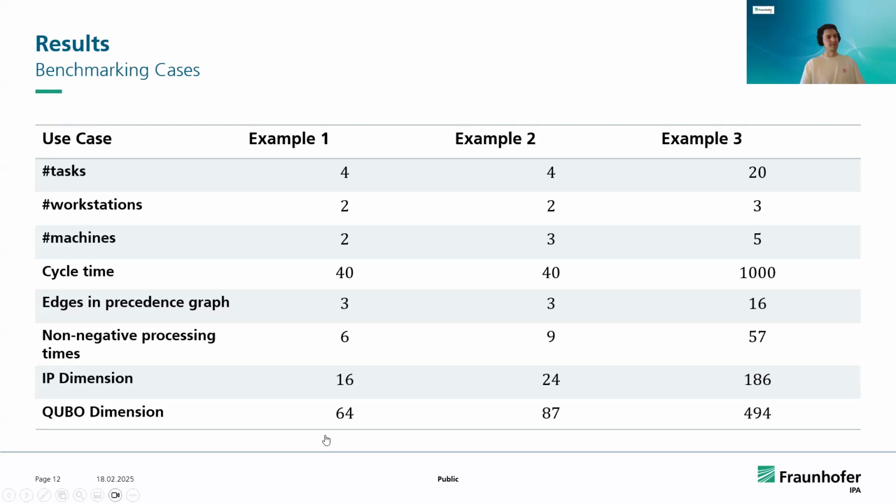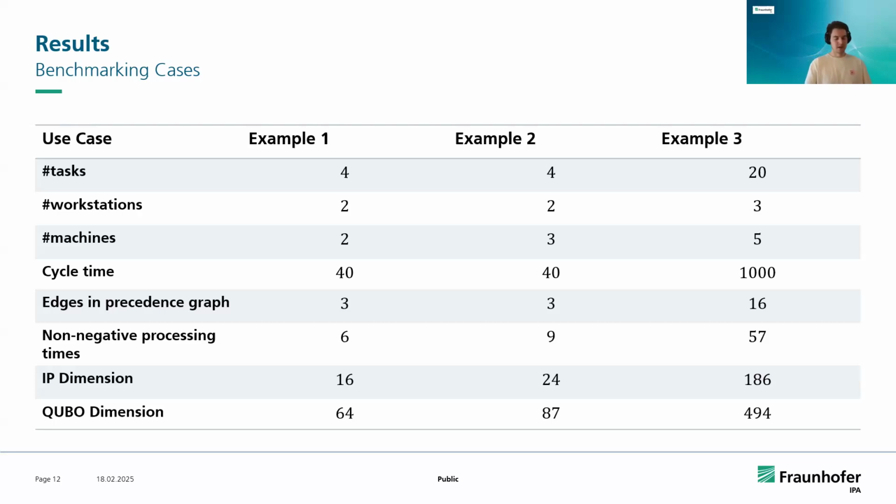This is also the example from before. Then we have some larger instances as well, the largest having 186 decision variables in the linear program, and 494 in the QUBO, so quite large instances.